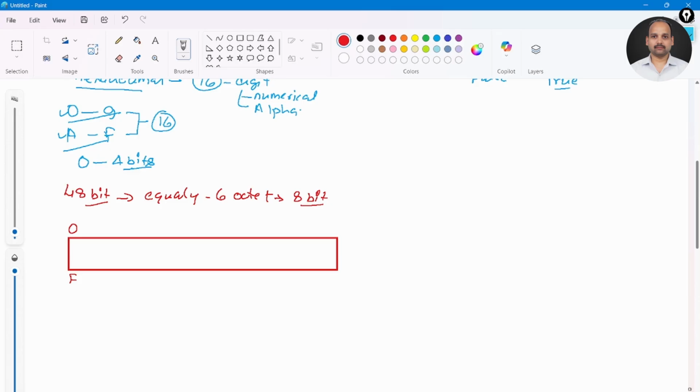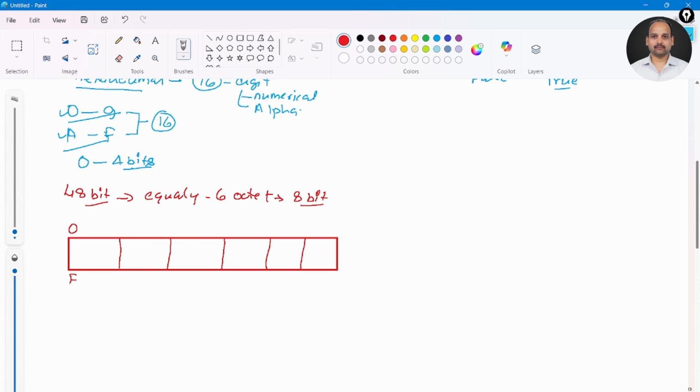That will be the 1st octet, that will be the 2nd, the 3rd, the 4th, the 5th, and one more, the 6th octet. So in each octet, the value can be 0 at minimum or F at maximum.